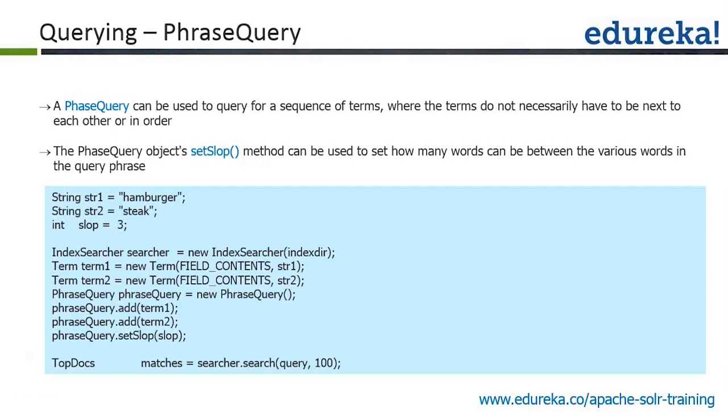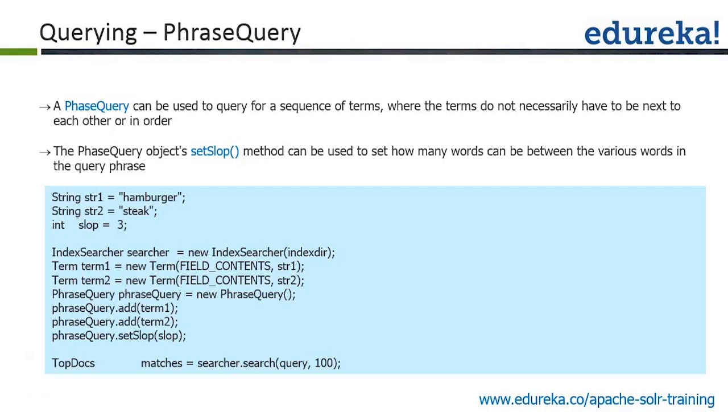The phrase query lets you search for multiple words at a time and also allows you to set a slop. The slop is nothing but the acceptable distance between each word from the tokens. Say you are searching for French fries as a phrase query, French might be somewhere in the document, fries may be somewhere else.